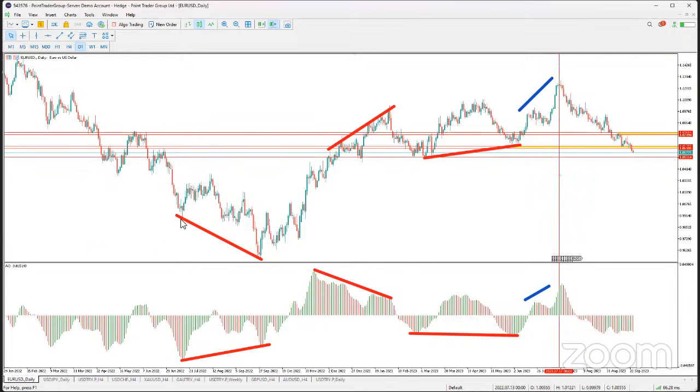Why? Because there is a difference between the movement of the price and the movement of the indicator, because the indicator must follow the pure price action. If this does not happen, there is a divergence, there is a difference, there is an opportunity in the market that I can take advantage of.